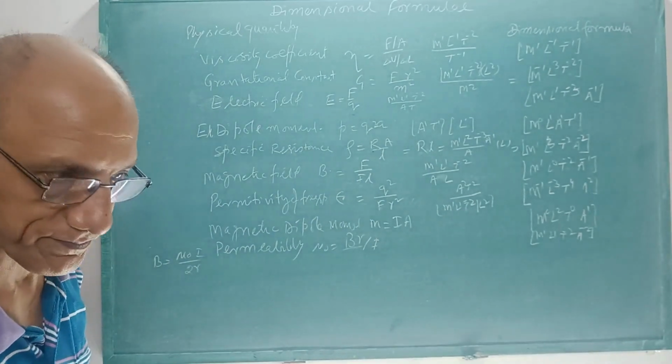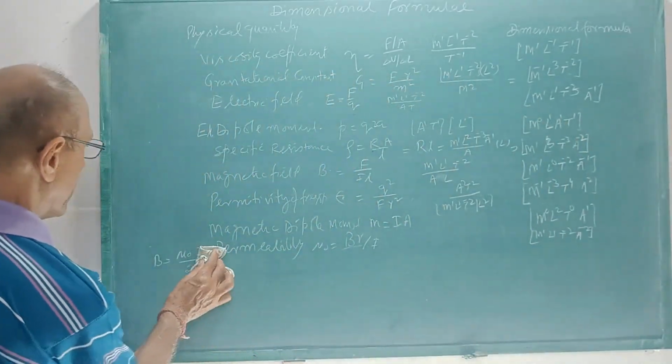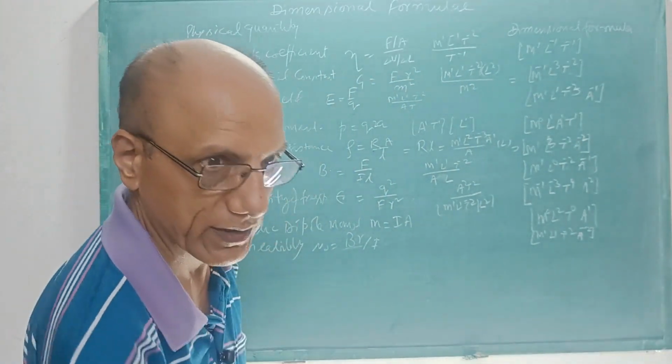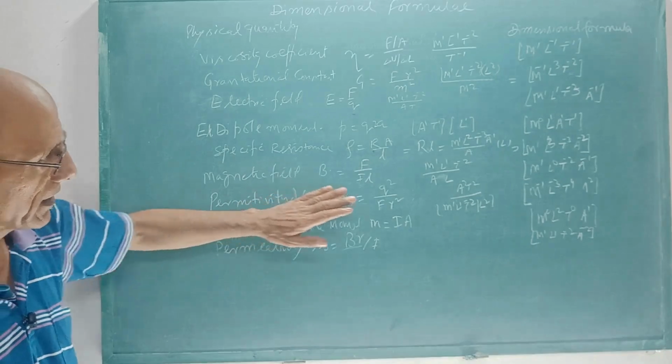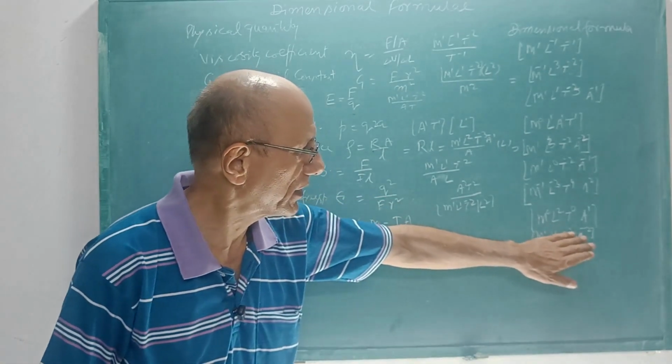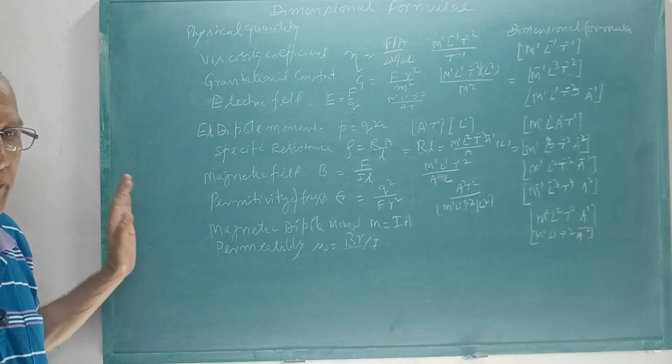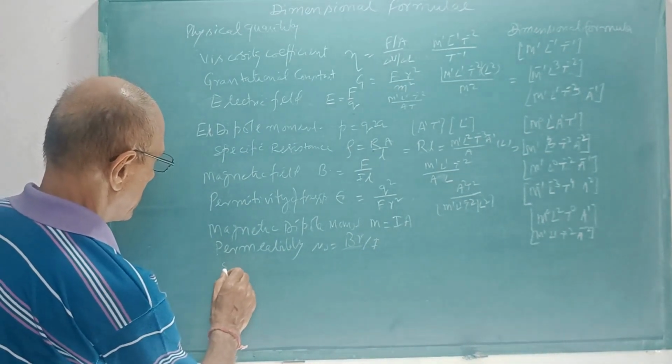Now we have the permeability as M1 L1 T minus 2 A minus 2. Now specific heat.